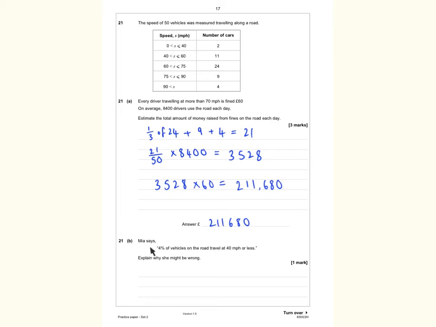Question B says, Mia says 4% of vehicles on the road travel at 40 miles per hour or less. Explain why she might be wrong. So in here we got 2 cars were traveling at 40 miles an hour or less. 2 out of 50. Now 2 out of 50 is actually 4%. Okay, but this is only 50 cars out of 8,400.